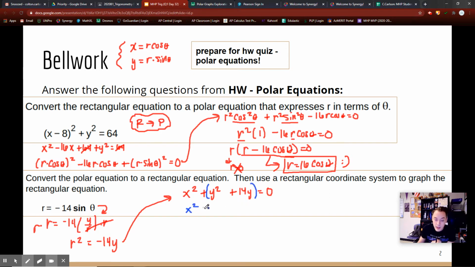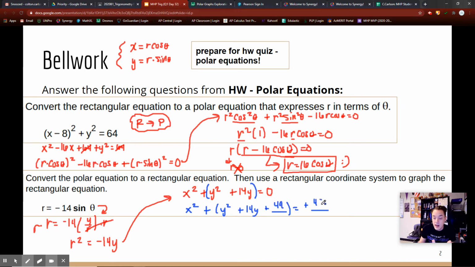So this is x squared plus y squared plus 14y, and then plus something, and whatever I do to one side, I must do to the other. So if I add something to the left side, I need to do the same something to the right side. What is that? Well, that is the b divided by 2, and then I square it. So 14 divided by 2 is 7. I square that, and that gives me 49.